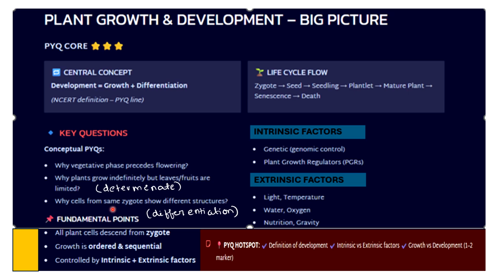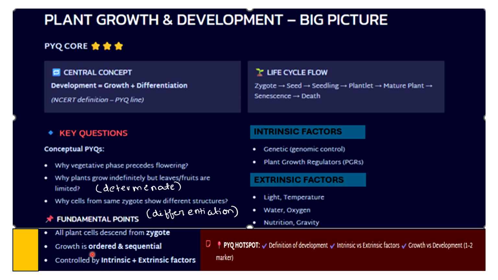Next question: why do cells from the same zygote show different structures? This is because the same zygote can undergo differentiation, and it can show different structures or different functional specificity. Clear?